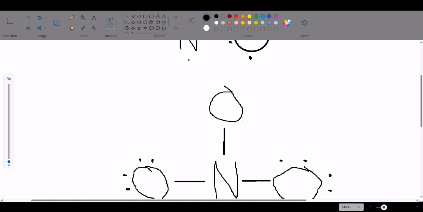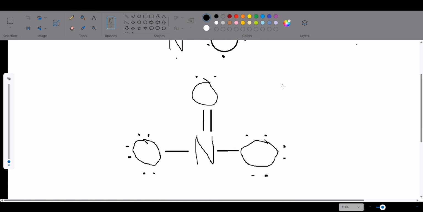And for the top one, we're gonna distribute electrons to form a multiple bond to complete its octet. Bracket.